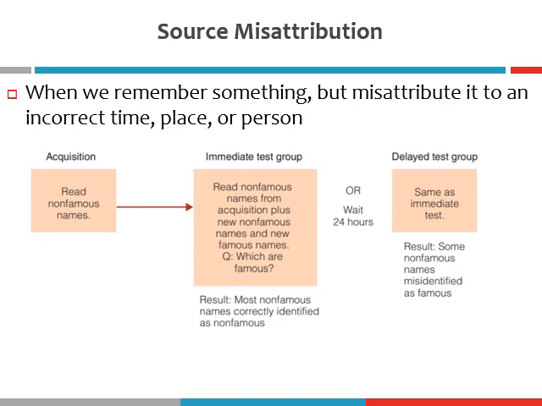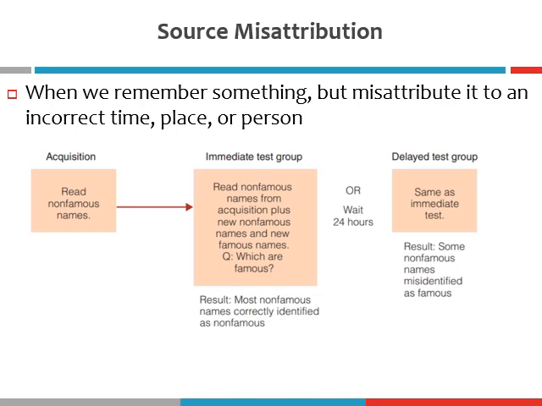And so the result is that most of the non-famous names, and definitely the non-famous names that they saw previously, were correctly identified as non-famous, right? So when people were tested immediately, they didn't have a lot of difficulty remembering that a particular name was not famous, particularly if they had seen that non-famous name previously.